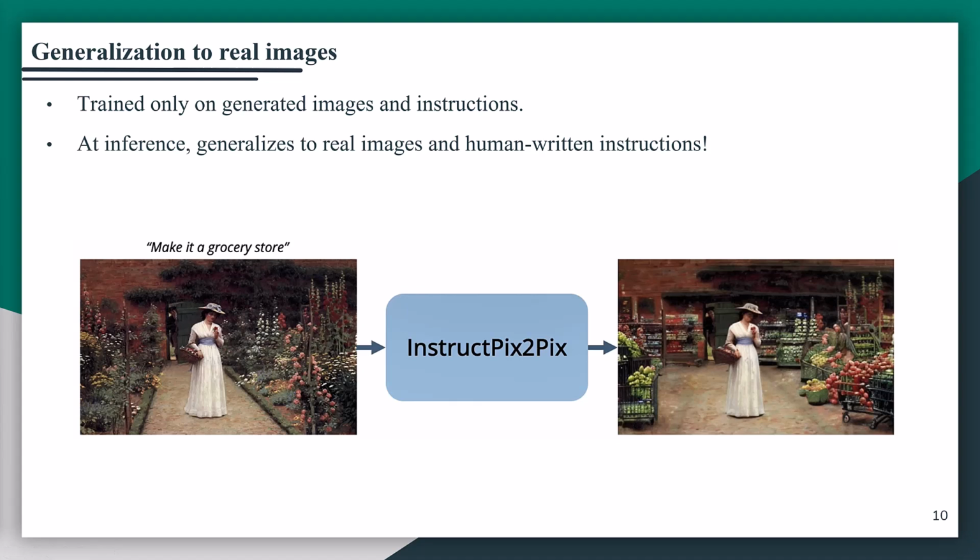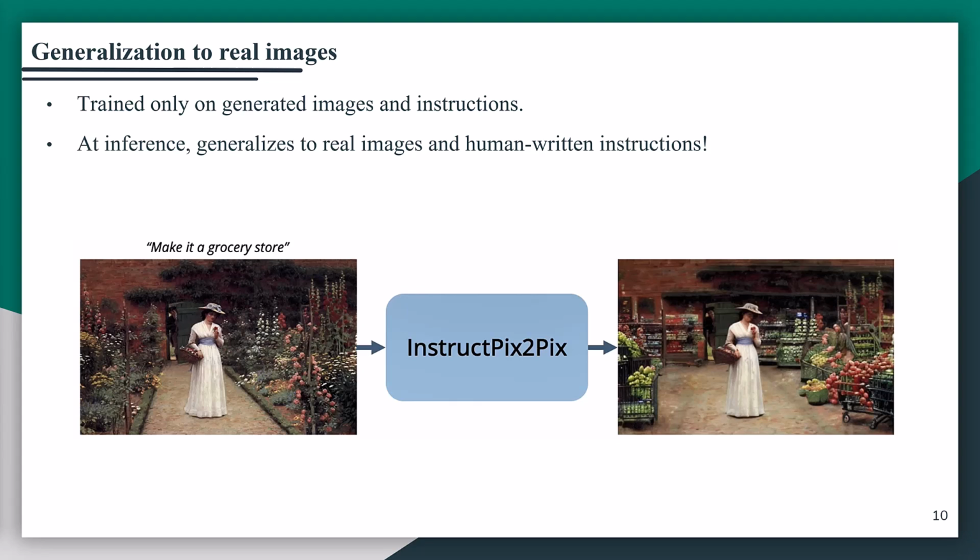One impressive feature of InstructPix2Pix is that it was trained entirely on synthetic data. Both the images and the text instructions it learned from were generated by other AI models like GPT-3 rather than written by real people.